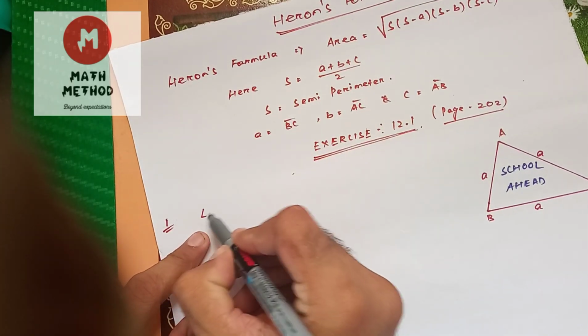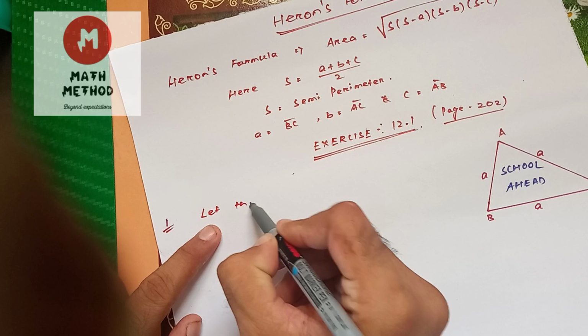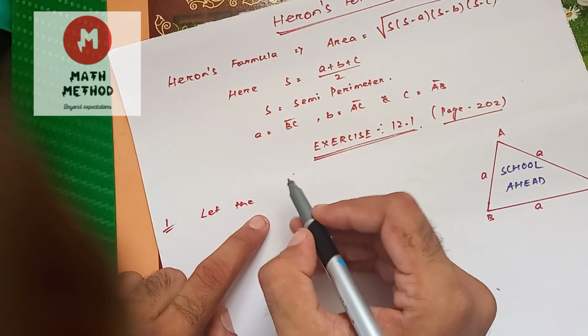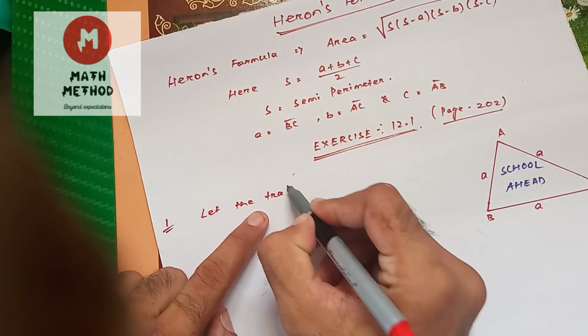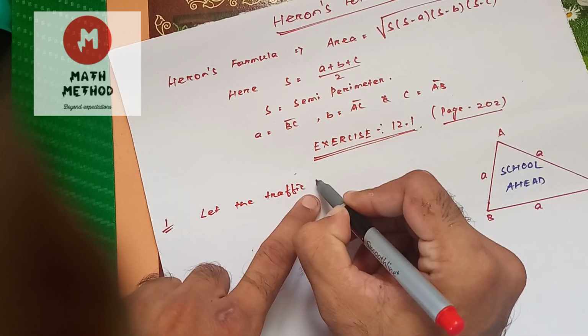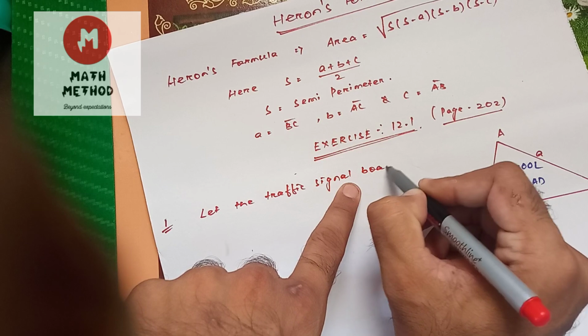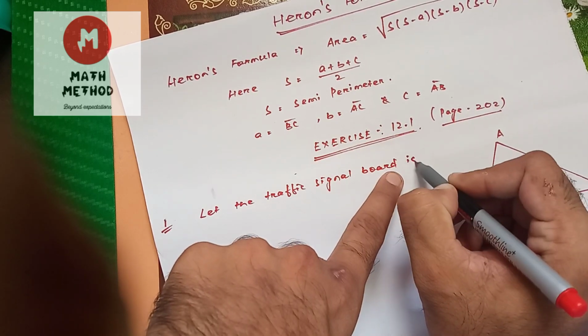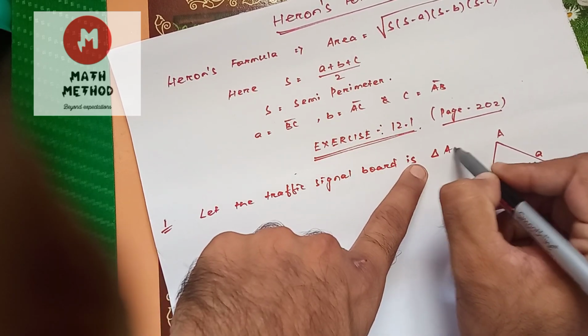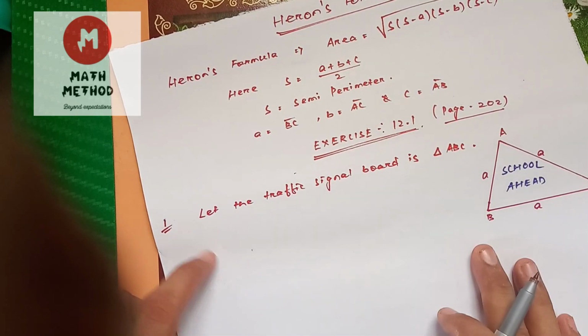Let the traffic signal board be triangle ABC. Clear?